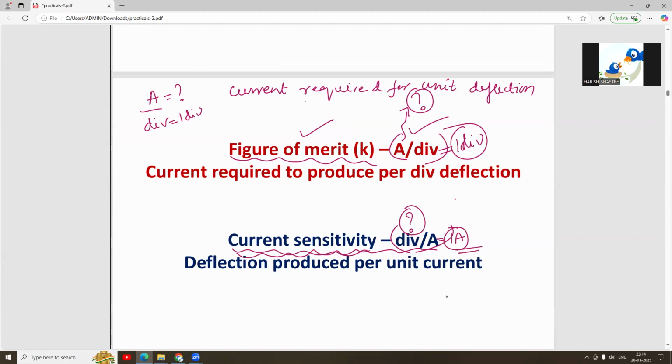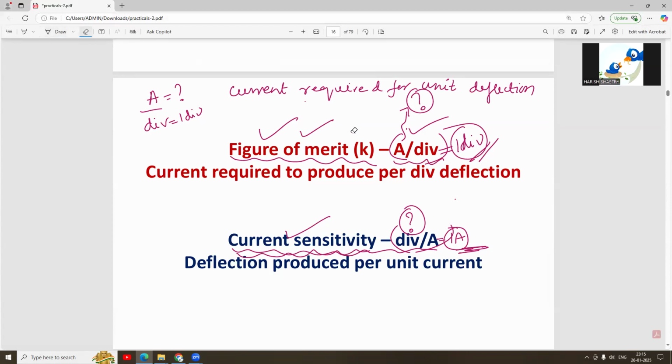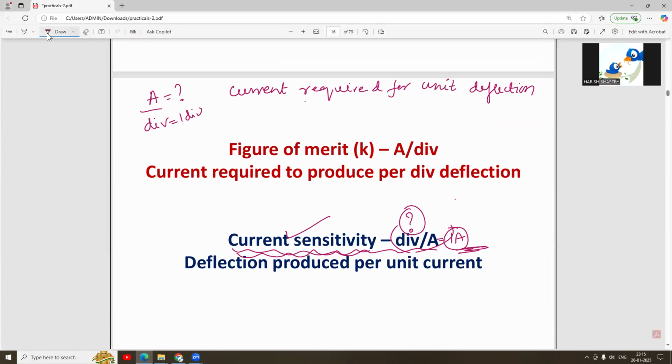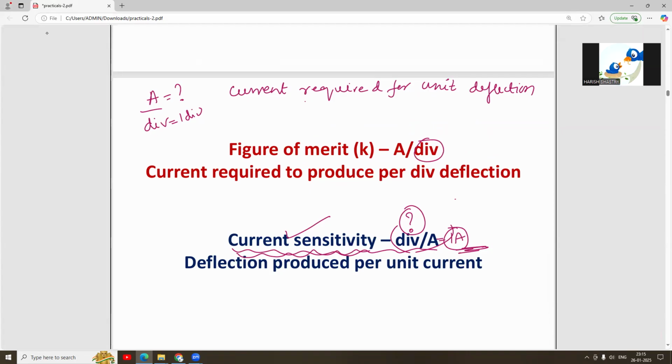Deflection for unit current is current sensitivity, and current required for one division deflection, unit deflection, is figure of merit. So from here only you can define it. Of course, viva will be asked only in the practical, so you better know what is figure of merit of a galvanometer. It is the current required for unit deflection. How much current is needed to produce a deflection of one division in the galvanometer? That's what you are going to find.